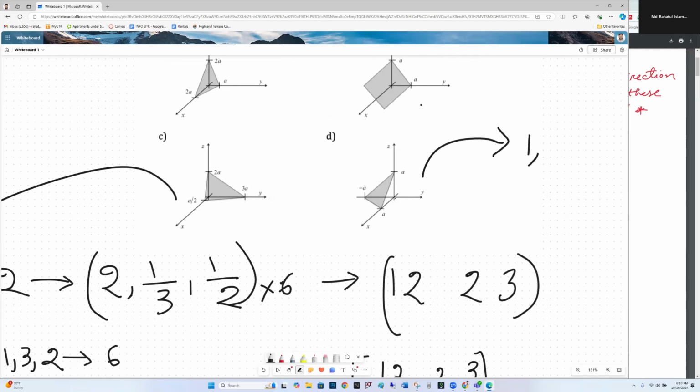And the y-axis intercept is -1. Then the z-axis intercept is 1. If you invert it, it becomes the same, and it's already an integer, so we are not multiplying with the LCM.